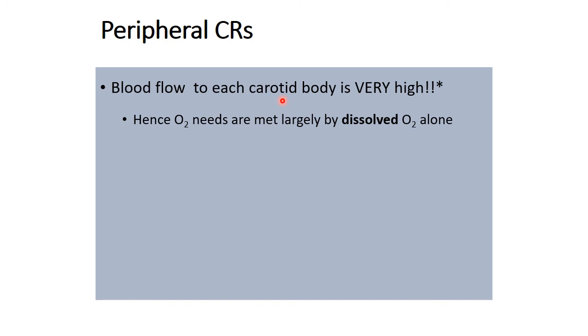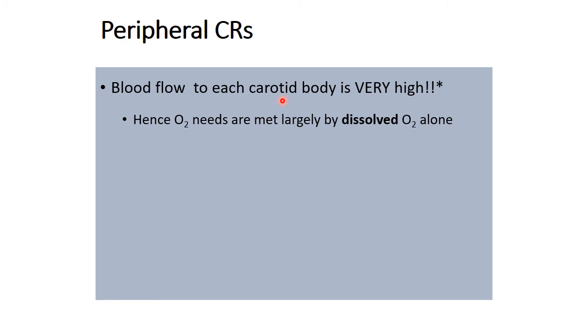So if you were to divide the amount of blood by the amount of tissue, it would be a spectacular figure that comes out. And here are some comparisons you will appreciate. Peripheral chemoreceptors generally on average receive about 2000 ml per 100 gram of tissue. So each 100 gram of tissue is receiving 2000 ml of blood.